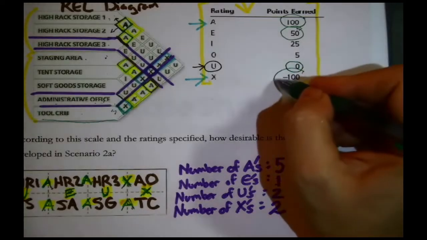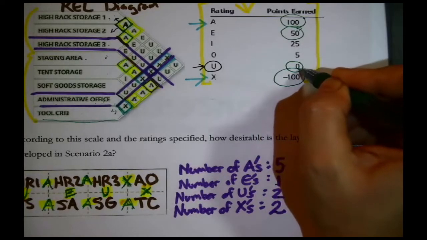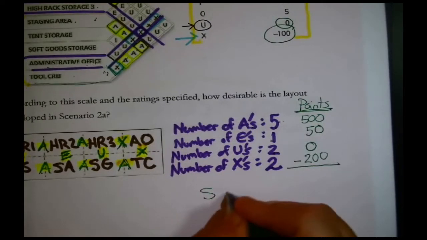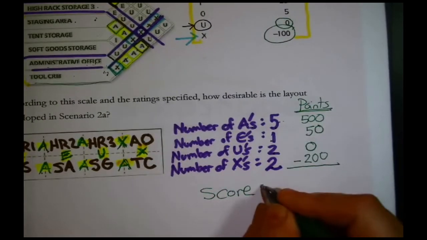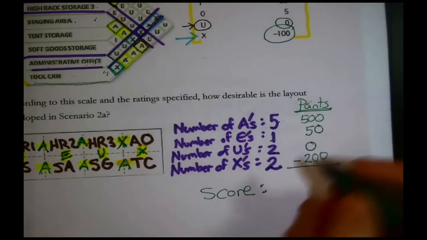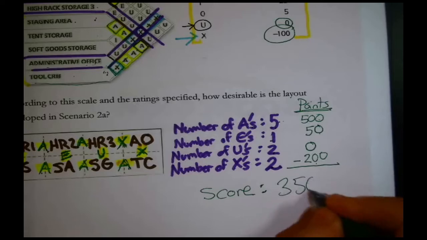Each one of them costs us 100 points. So 2 times a negative 100 is a negative 200. Here we go. Our closeness rating score for this entire layout, just add up these points: 500 plus 50 minus 200, I get 350 points.